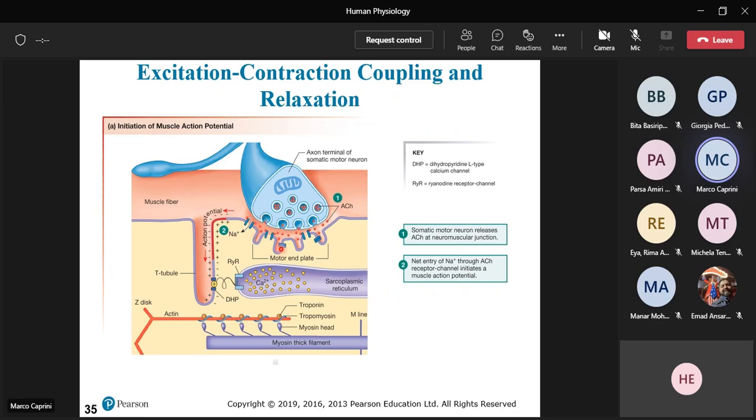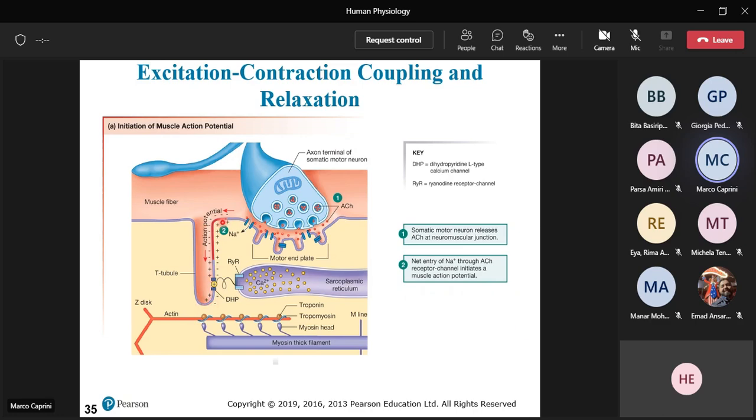Because the chemical signal from acetylcholine is transduced in an electrical signal. And these channels that are present here sense the depolarization that occurs at the end plate potential. So they start to open, like in the action potential, and allow the sodium ions to go inside and to depolarize all the T tubules.